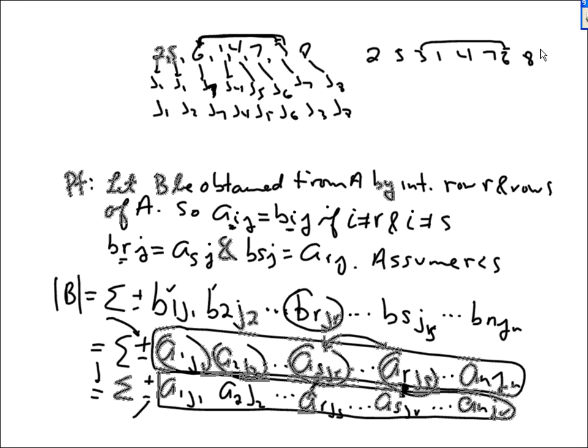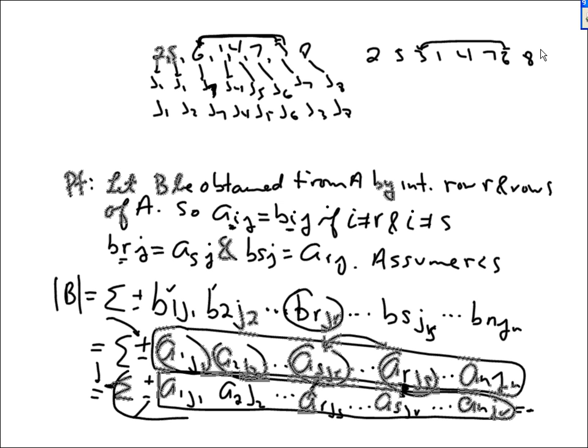And we know one thing. When you switch any two numbers in a permutation, the parity changes. That is, I have to factor out a minus sign. Now, here is that minus sign.